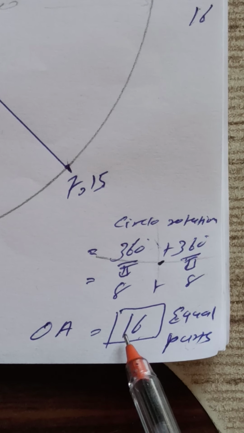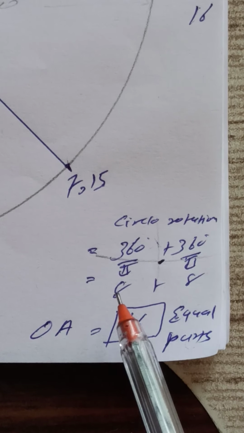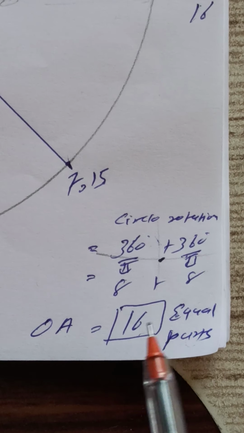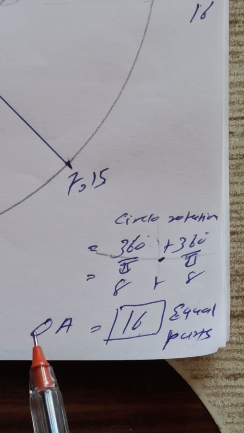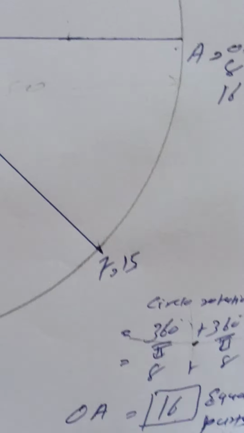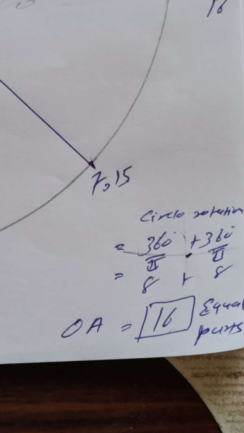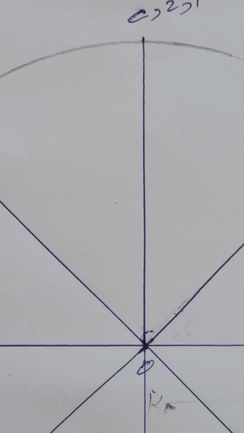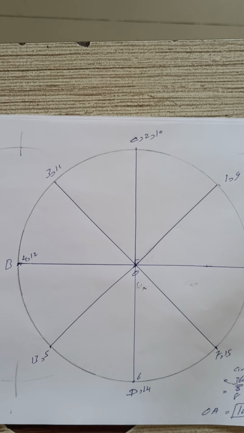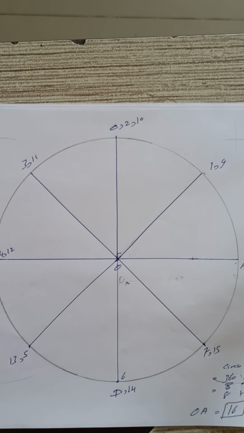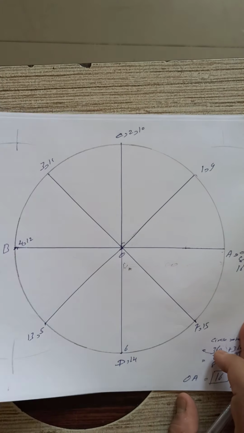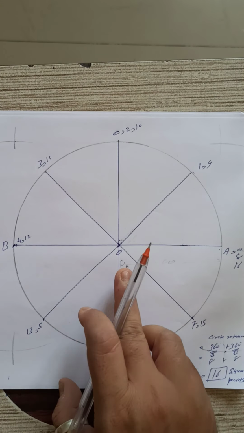So we say that if the curve is rotated 2 rotations, we divide the line O to A in 16 equal parts. Okay, 16 equal parts, here O to A.